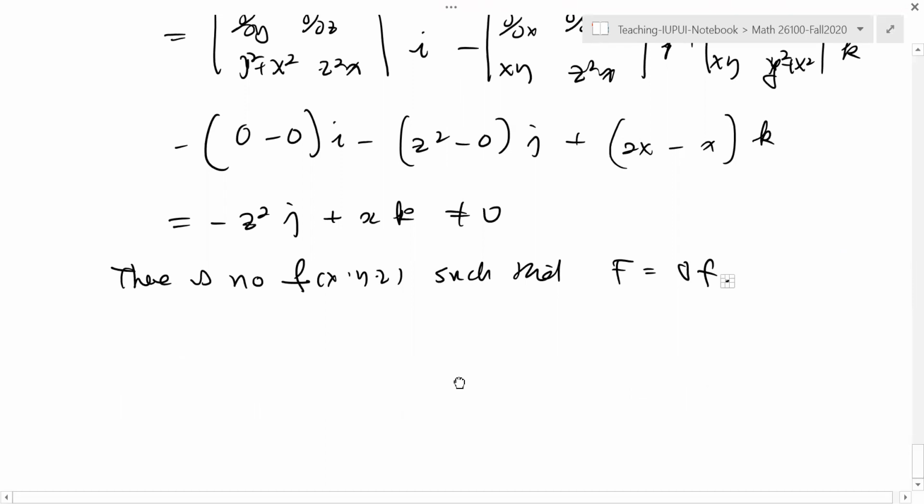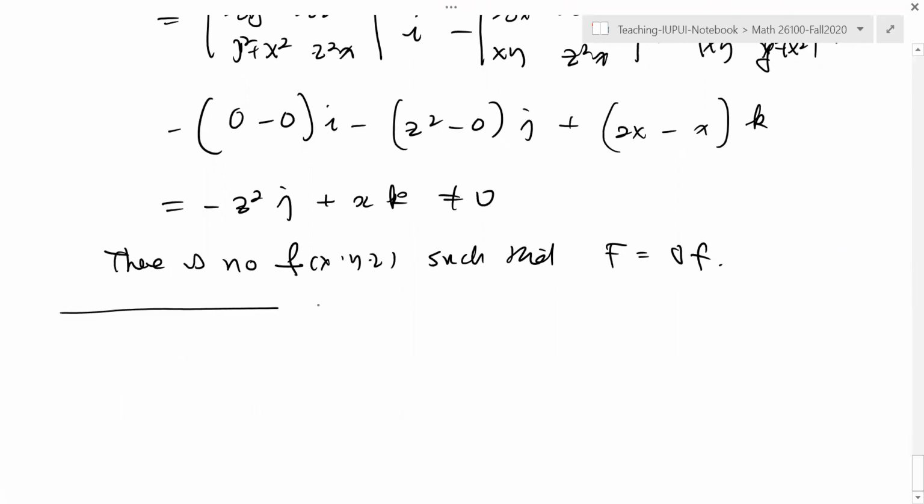Now for a vector field, there's another important notion here. For a vector field in 3-dimensional space or 2-dimensional space, it doesn't matter, because a 2-dimensional vector field can be viewed as a vector field in 3-dimensional space.